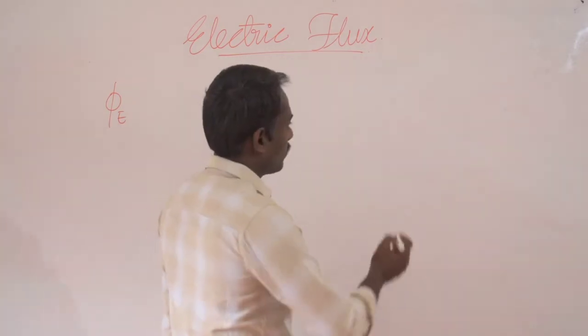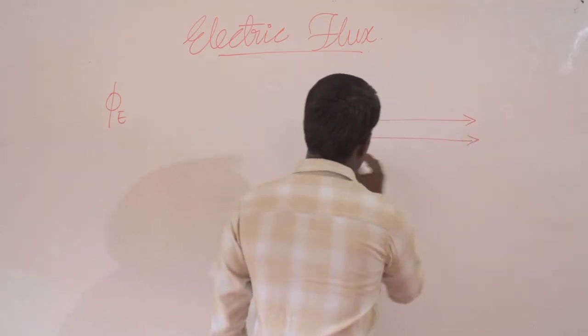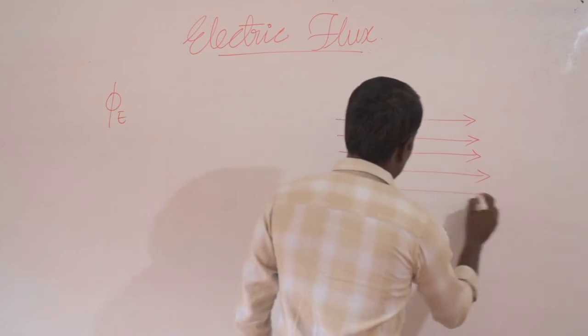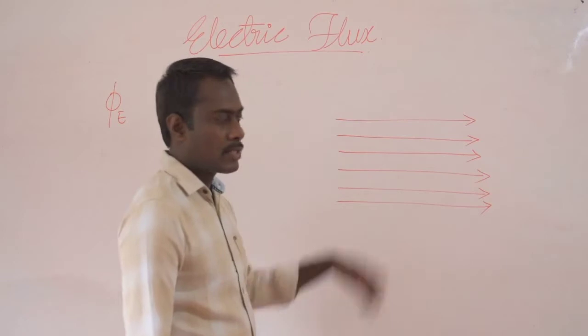For example, there is an electric field. Electric field lines are there.